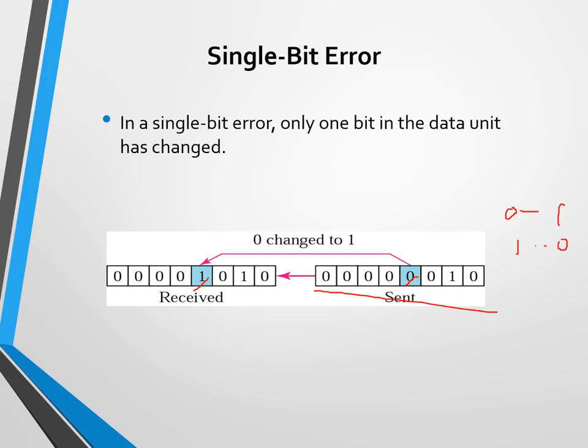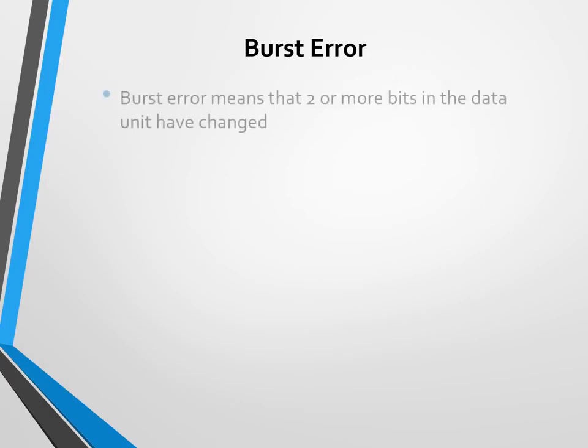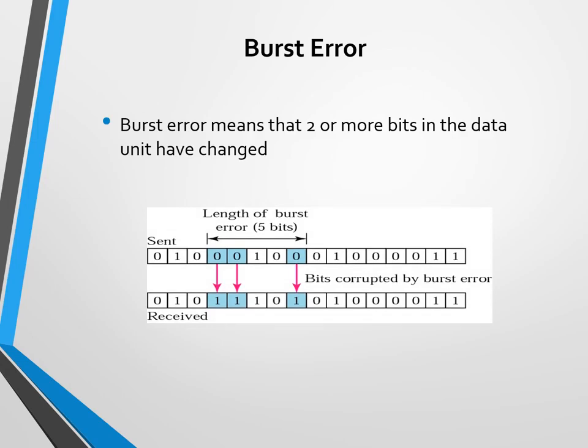Students, next one is the burst error. In burst error multiple bits are changed. Burst error means that two or more bits in the data unit have changed.